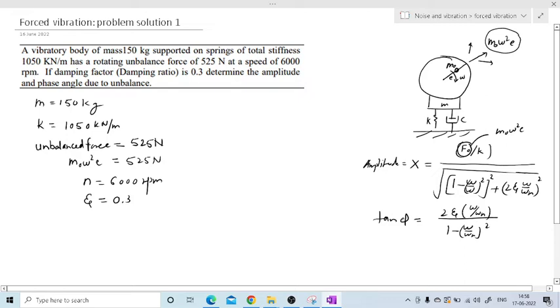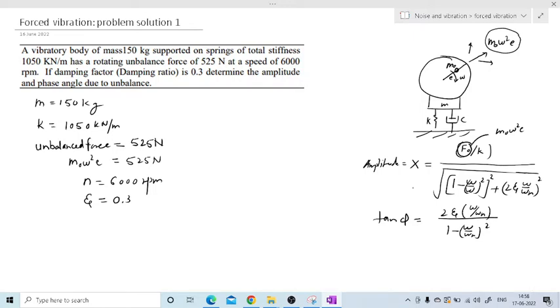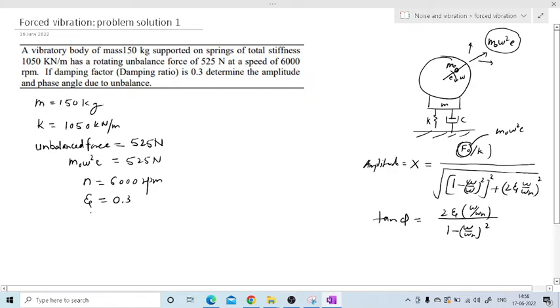So this is the formula for the phase angle, and they have asked only these two values, that is, determine the amplitude and determine the value of phase angle. Now from these formulas, whatever values we know and don't know, we will first identify, and the values which are required to put into this formula, we are going to determine. So from here we will solve.